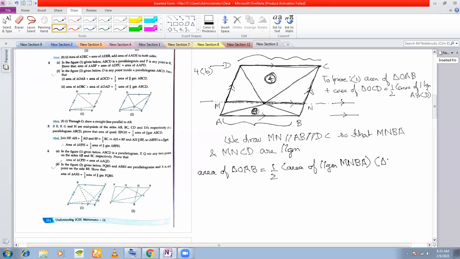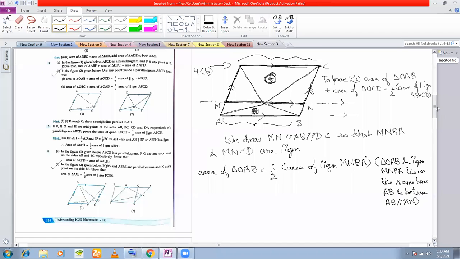Triangle OAB and parallelogram MNBA lie on the same base AB and between the same parallel lines, AB parallel to DC, AB parallel to MN.